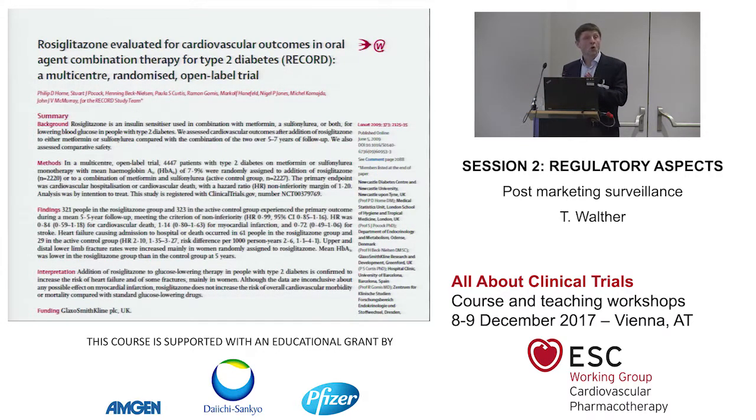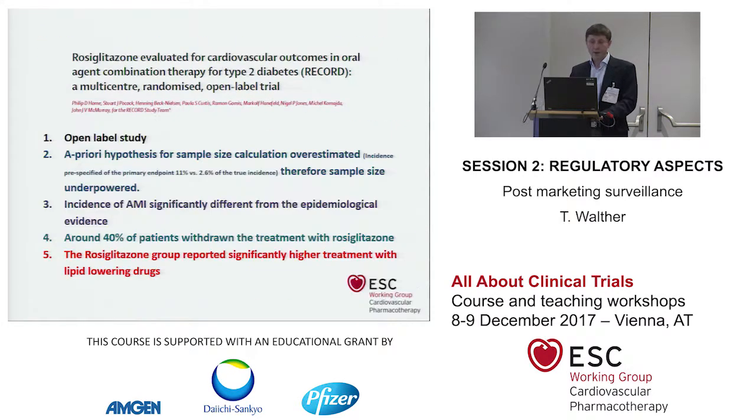Nevertheless, if we look at mortality and morbidity, then we do not have a significant increase in our Rosiglitazone patients in comparison to the ones not taking the compound and just exposed to standard therapy. And they hoped that they were off the hook.